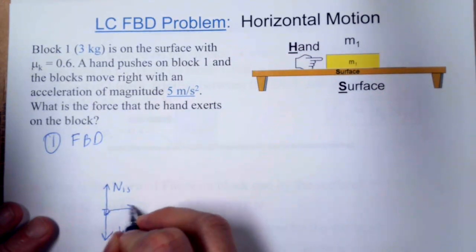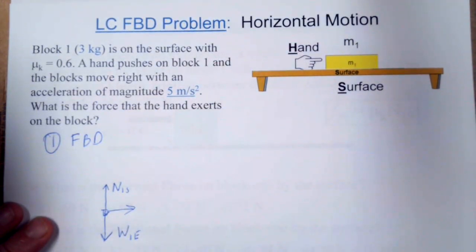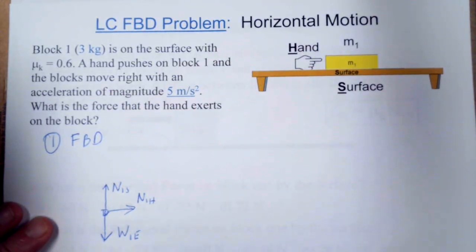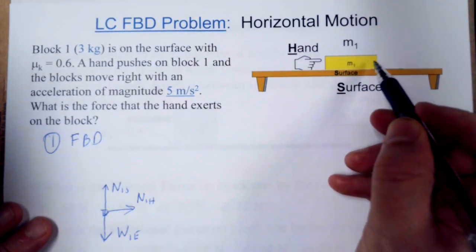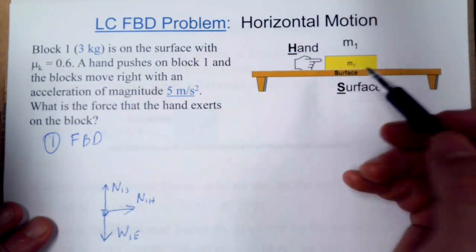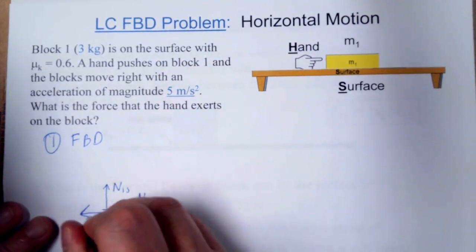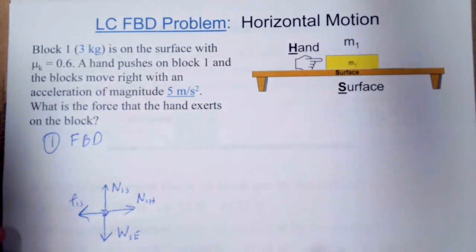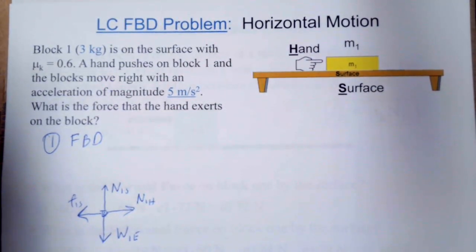To the right, the hand is pushing on the block, so because it's a pushing force, it's normal 1h. And then the friction force. In this case, the block is sliding to the right, so that means the friction force is pointing to the left. So we have our free body diagram. I think we've identified all the forces here.